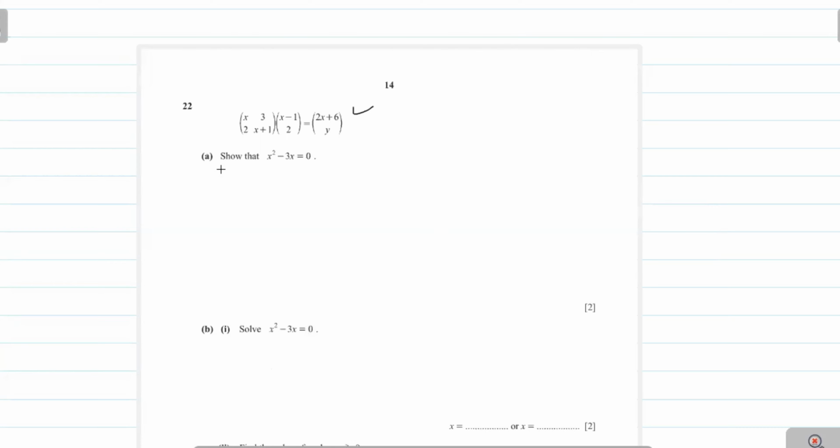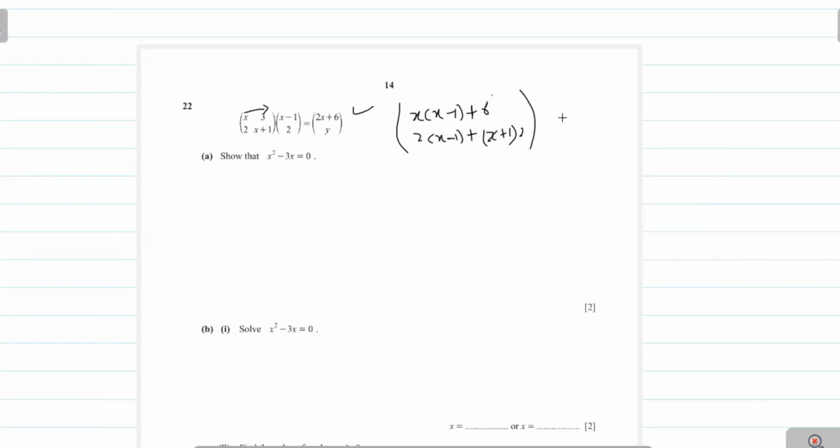Question 22. The matrix x 3 2x 2 multiplied by the matrix 2x plus 1 x minus 1 2 is equal to the matrix 2x plus 6 y. Show that x squared minus 3x equal to 0. Now firstly we multiply these two matrices. You see here x multiplied by x minus 1 plus 3 multiplied by 2, that's equal to 6. 2 into x minus 1 plus x plus 1 multiplied by 2.